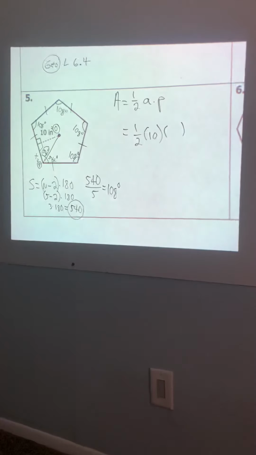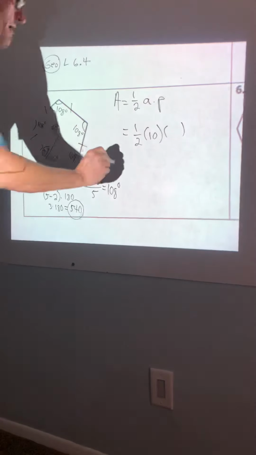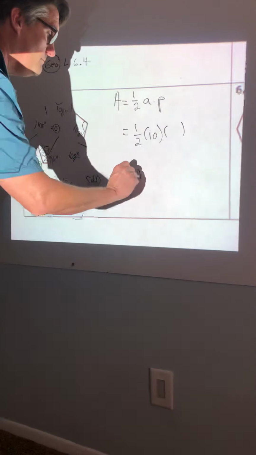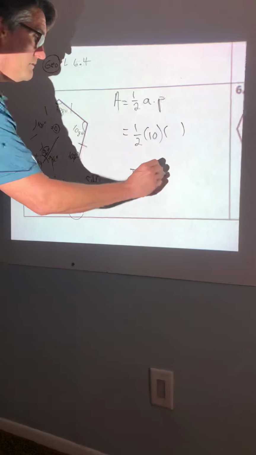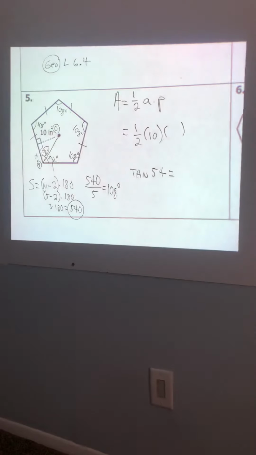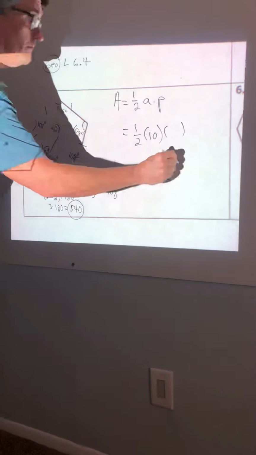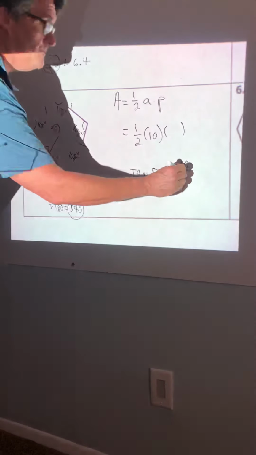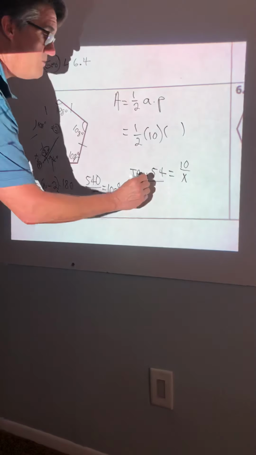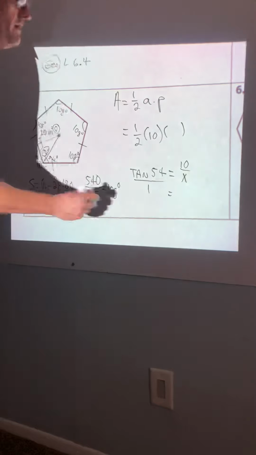Do you guys remember which trig function was O over A? Yes, it was tangent. So now I'm going to write tangent of my 54 degrees equals opposite, which is 10, over the adjacent, which is my unknown, and then all I'm going to do is cross multiply after I find out this value.